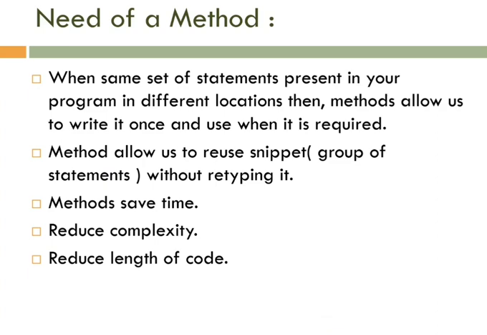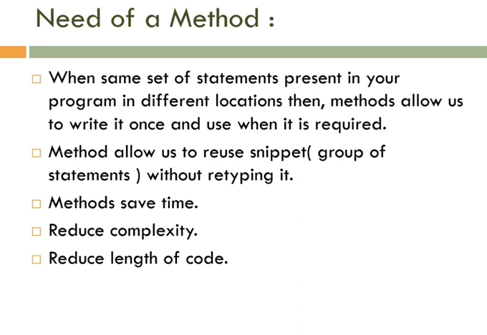Why do we need a function? When the same set of statements is present in your program in different locations, just remember, in different locations, then a method allows us to write it once and use it whenever it is required. For example, if we have a statement present in one position and we want to repeat it again and again, we use loops. But if the same statements are repeated again and again in your logic but in different positions, then you would have to write the statements each time.